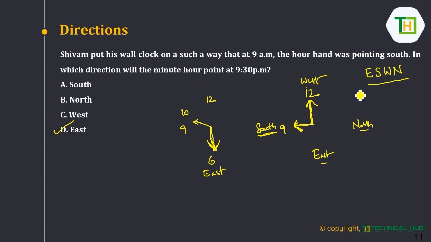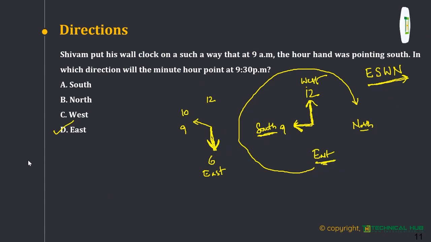You can place these directions anywhere, but this should be the order if I go in the clockwise direction, starting from east. That is the correct order of indication, right? So at 9:30, what should be the direction of the minute hand? At 9:30, the minute hand is pointing downwards. That down is east. So the answer is east for this question.